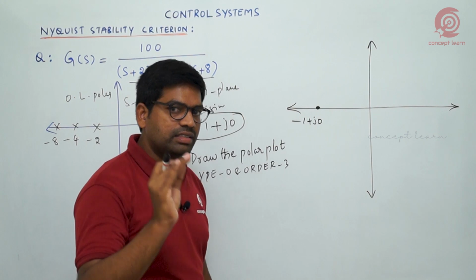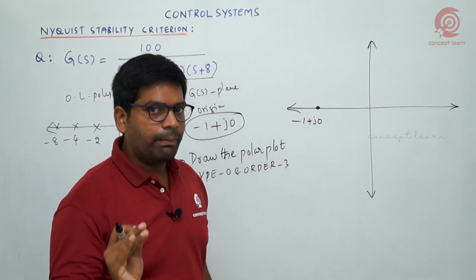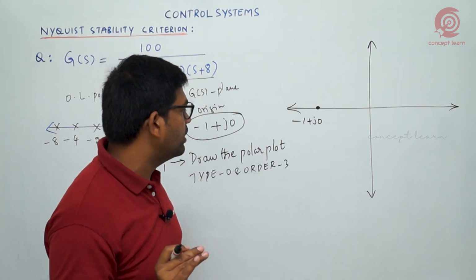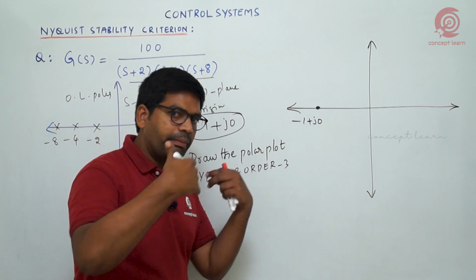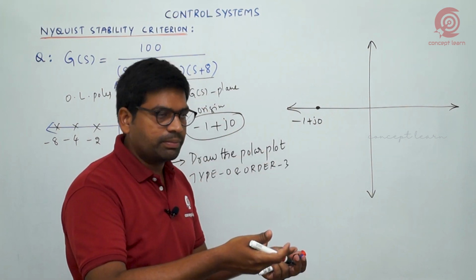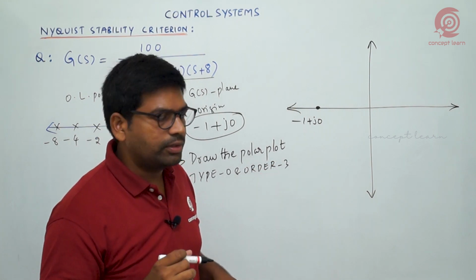Based on the encirclement concept, for this critical point only we are applying the principle of argument and identifying the system stability. That is the reason why we are mapping all the S-plane points towards the G(s) plane origin, that is the critical point -1 + j0.